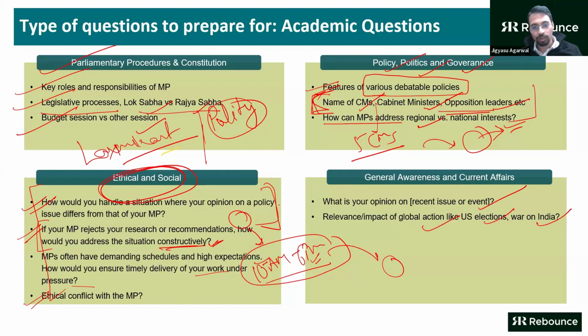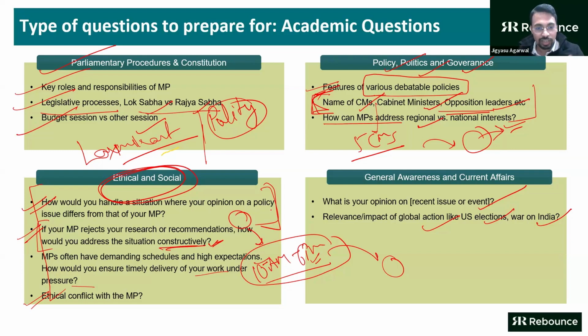Our Bollywood perception of MPs is, say, they are idiots, they do not know a lot of things, and they have big egos and all this stuff, they do not understand. But that is not the case. I have worked as a strategic advisor to many politicians of the country. They are very smart people. They understand how their electorate behaves, what people want from them, what kind of image they have among the people.